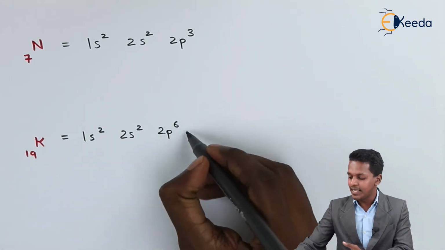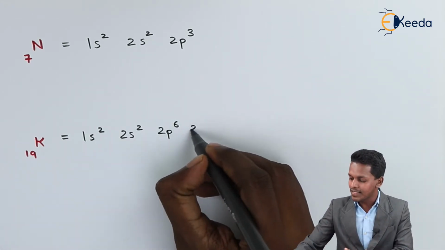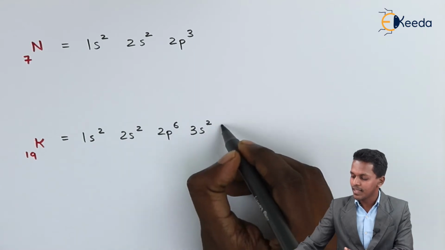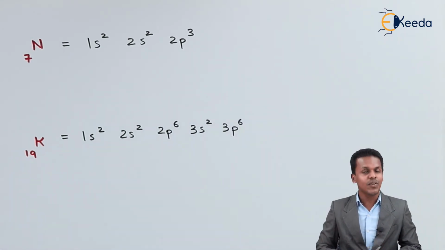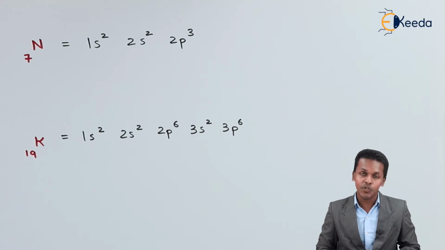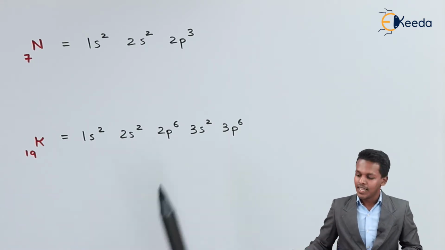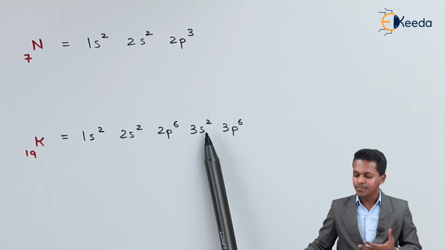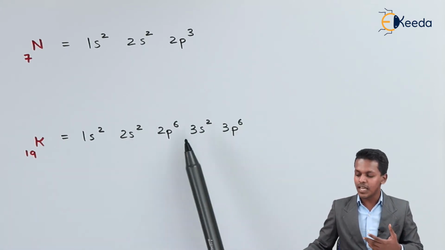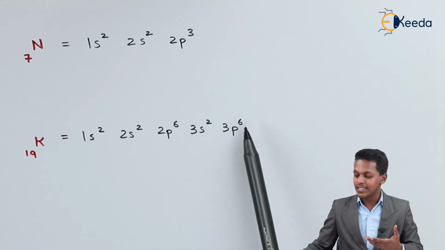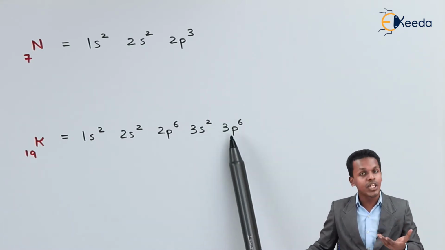We can write the electronic configuration further as 3s2, 3p6, as we also understood from Aufbau's principle. As you can see, 2 electrons are filled in the 3s orbital and 6 electrons in the 3p orbital.